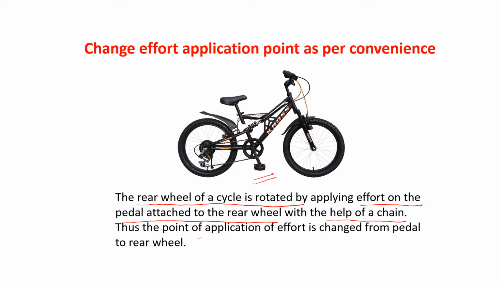Just see the image. Thus, the point of application of effort is changed from the pedal to the rear wheel. Am I clear? So this is an example where the effort you are applying at one point is acting at another point.